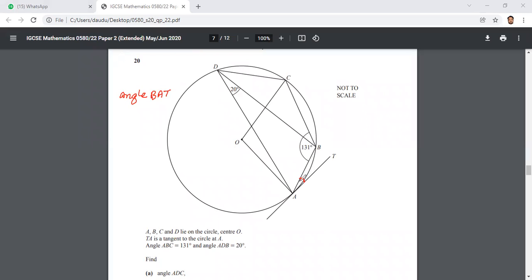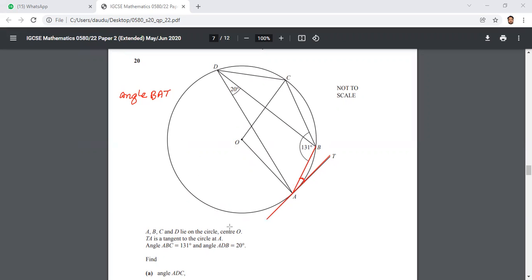This angle is equal to the angle opposite the chord inside. If you check carefully, A to B represents the chord, and this represents the tangent line. So the angle between the tangent line and the chord is equal to the opposite angle against the chord.